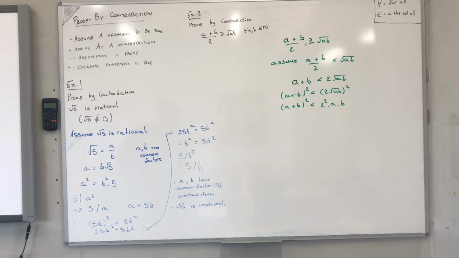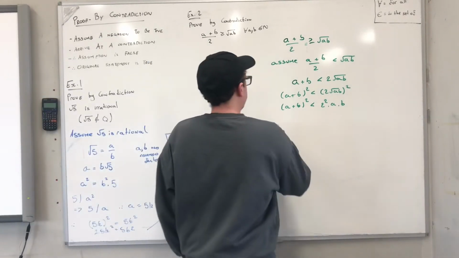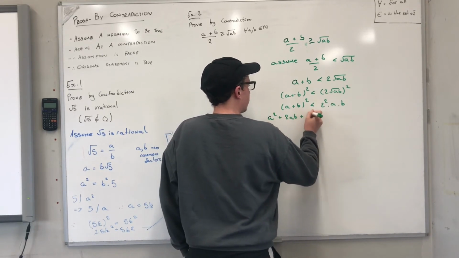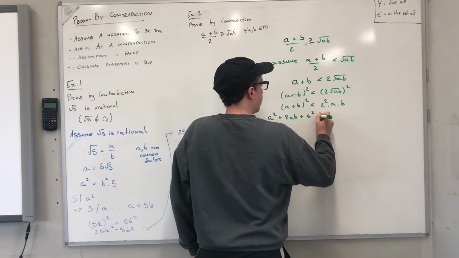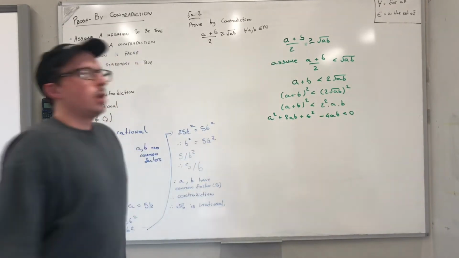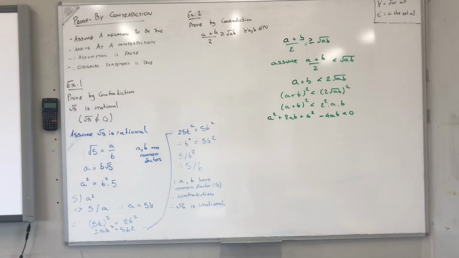So let's see what then happens. I've expanded the double bracket. I've taken the 2 squared ab over to the left hand side, which turned out to be 4ab, so it becomes minus 4ab. So now I'm going to simplify the terms.